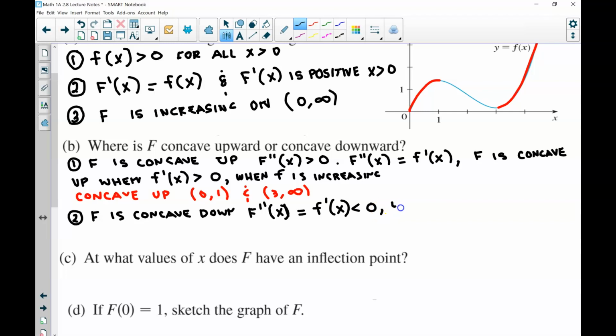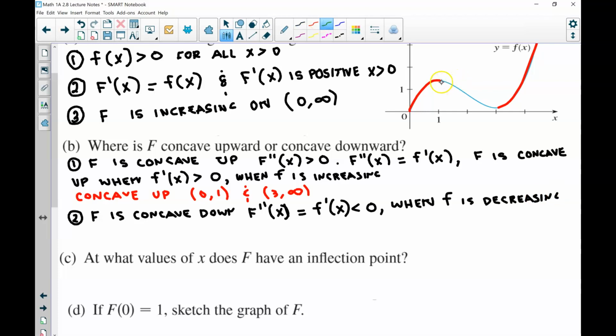And that's when the function is decreasing. So where is it concave up?